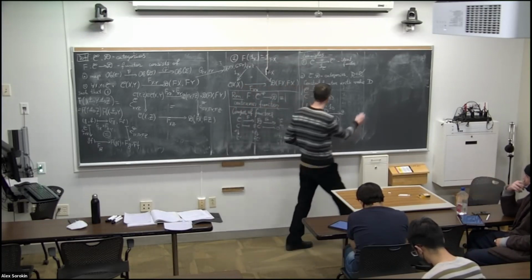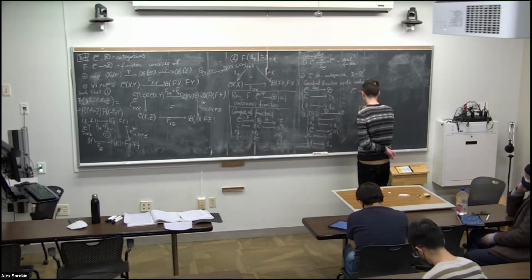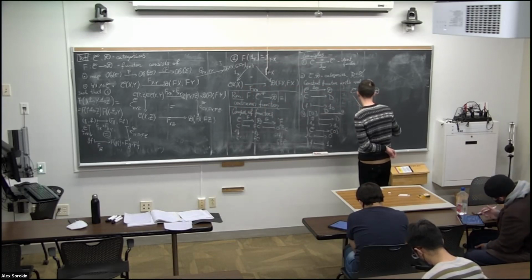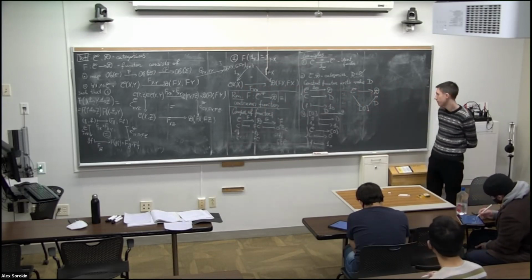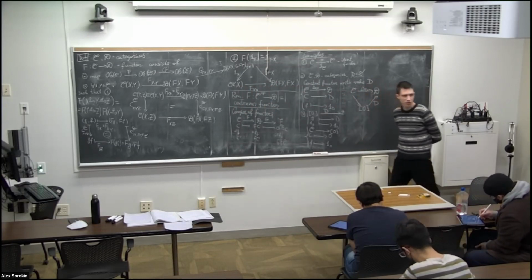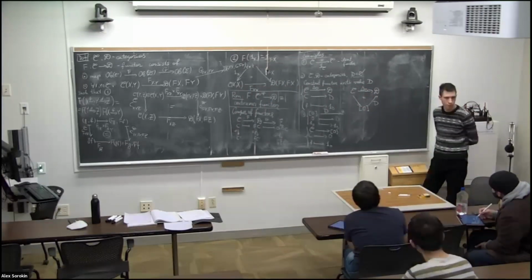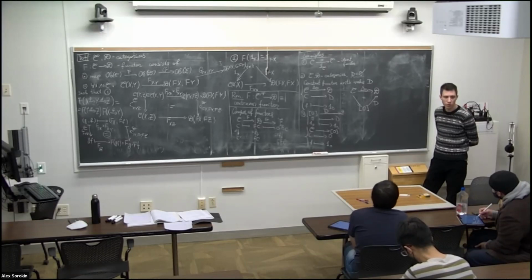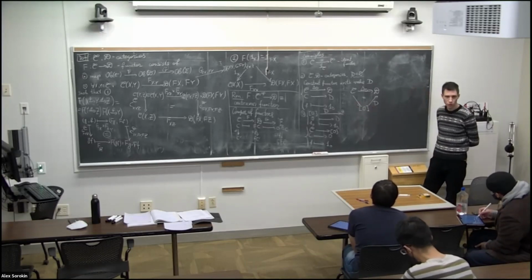Therefore, I can write the constant functor uses this factorization, this triangle commutes. How will I call this arrow? Who knows? How will I denote it?